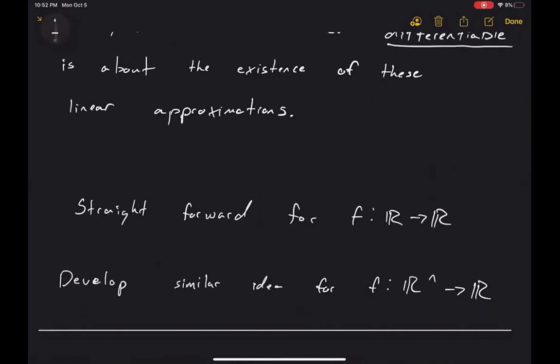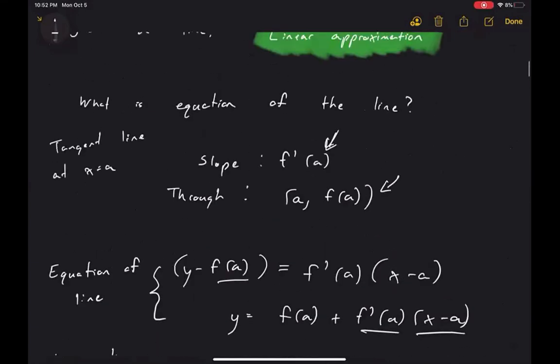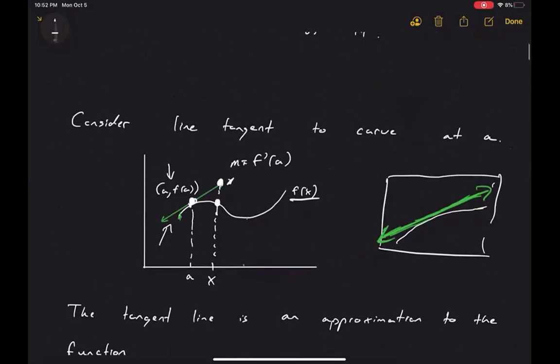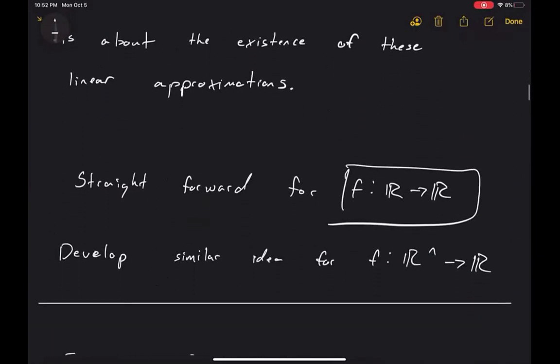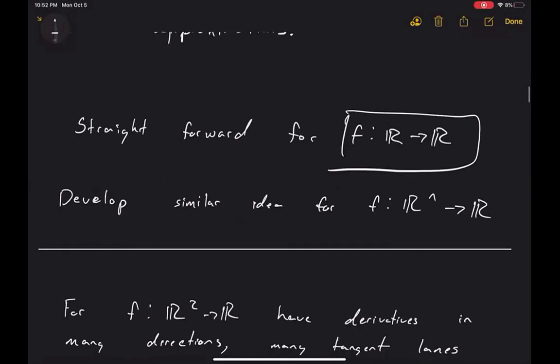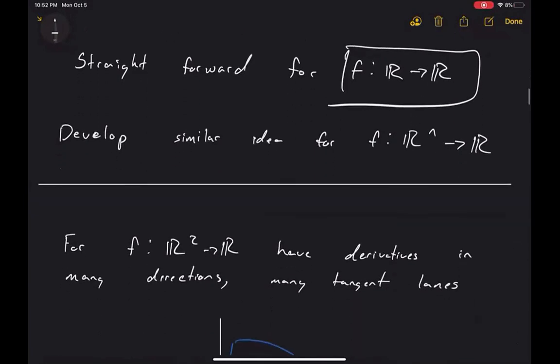Now this idea is very straightforward for functions of a single variable. The derivative exists, and then we can make this tangent line, and it all works out nicely. Now things get a bit more complicated for multivariable functions, but we're going to try and develop a similar idea for multivariable functions.